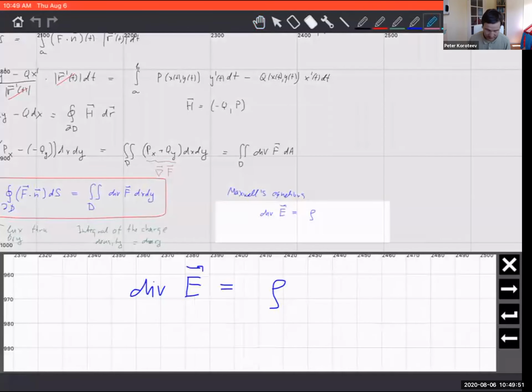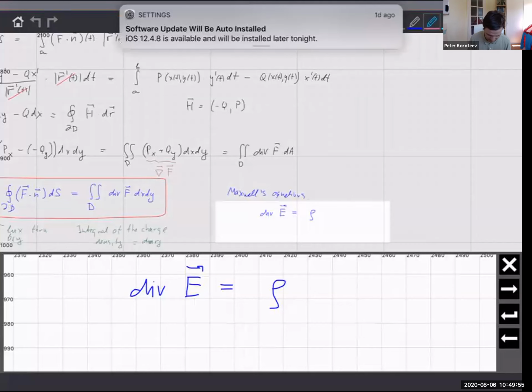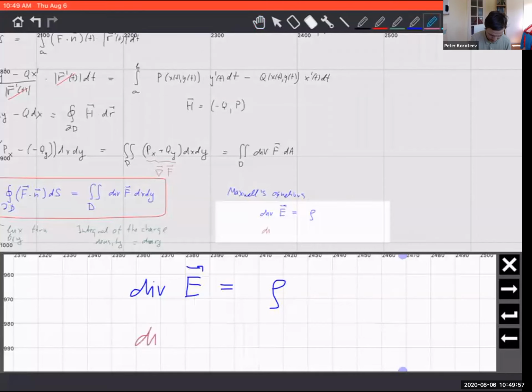Then the divergence of B, the magnetic field, is equal to 0. That's the second equation. It tells us that there are no magnetic charges, so you cannot make this interpretation.